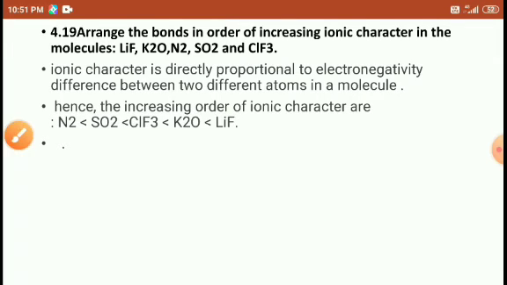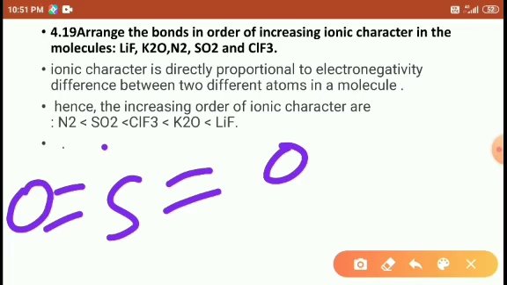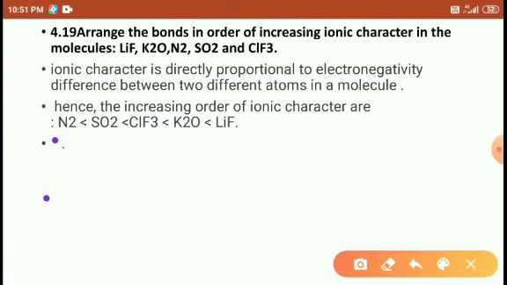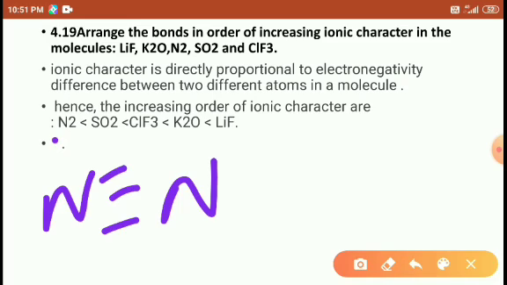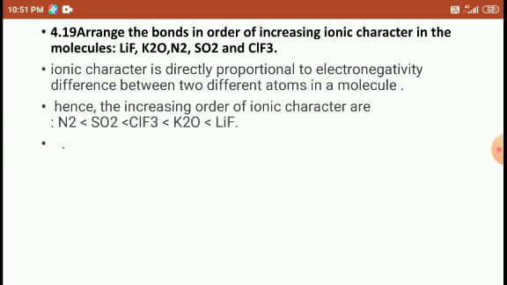Right, students? In sulfur dioxide, a double bond is present between them, so the strength is high and the ionic character decreases. As the double bond increases, ionic character decreases. Again in nitrogen with a triple bond, both are the same atom, so no ions develop here. Right, students?